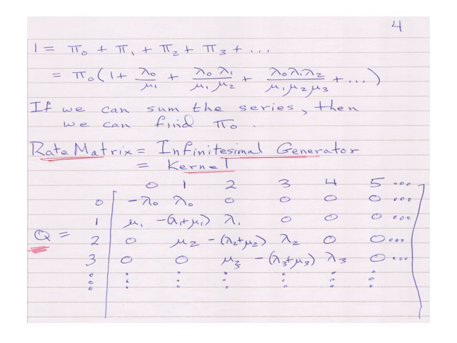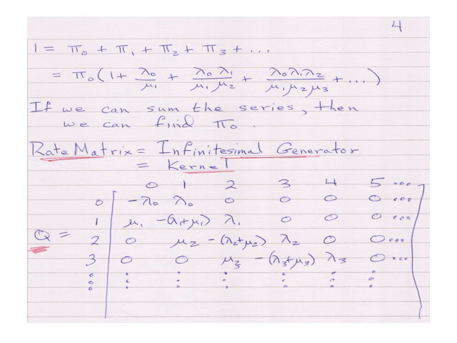Row that corresponds to state 1, we had lambda 1 was a positive term, mu 1 was a positive term. To make the row add up to 0 on the diagonal, we have to put a minus lambda 1 plus mu 1.